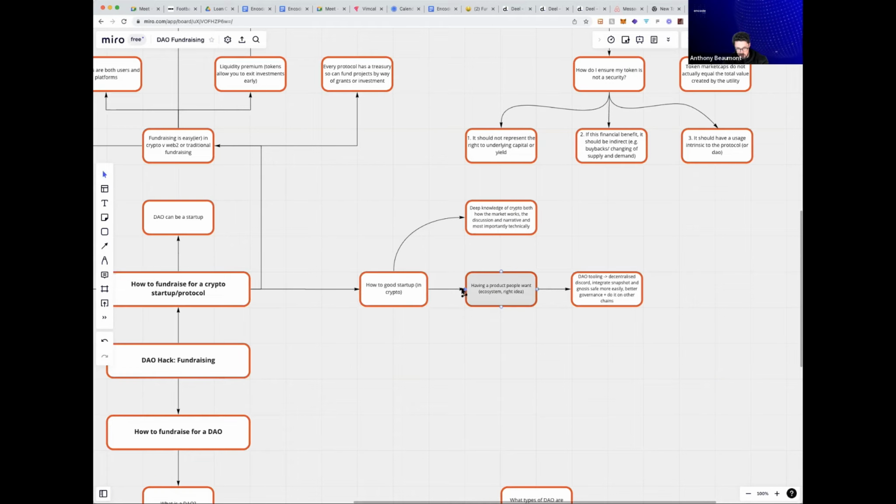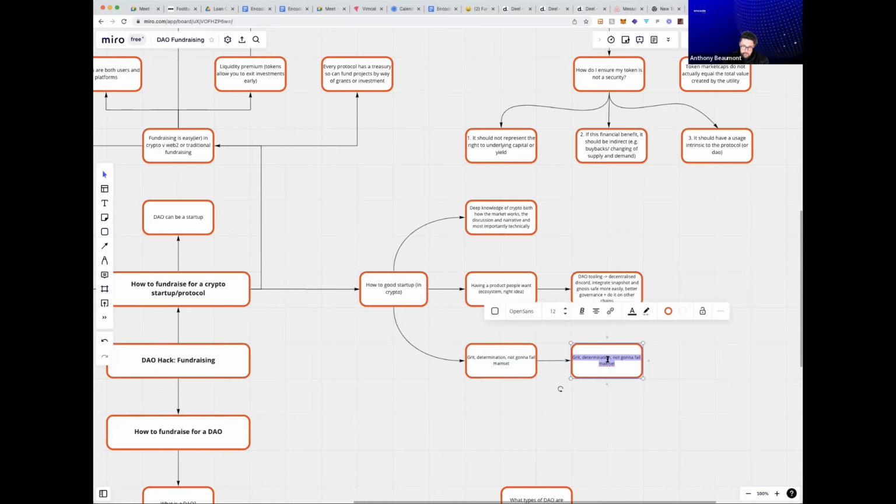Two is having a product people want, and three I think is grit, determination, a not-gonna-fail mindset, which is I think a product of, I mean, you can really get theoretical here, a product of circumstance and personality or character.